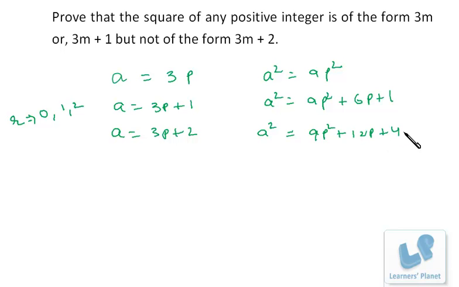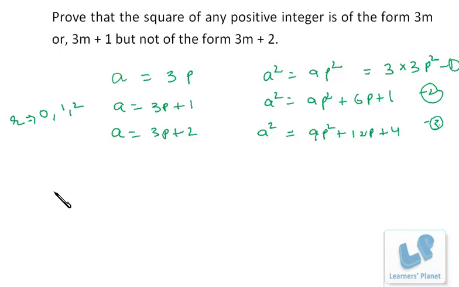plus 4, right? Now we have to see these from the multiple of 3, right? So 9p square can be written as 3 times 3p square, right? I just write it over here. The first case, the second case and the third case, right?